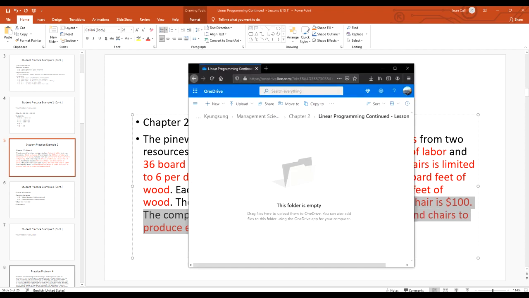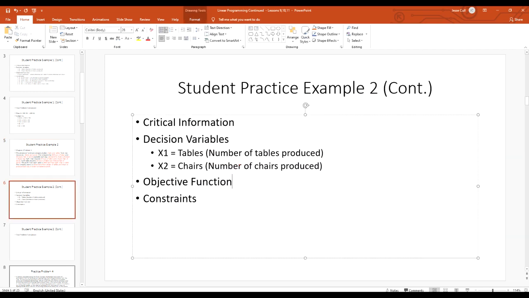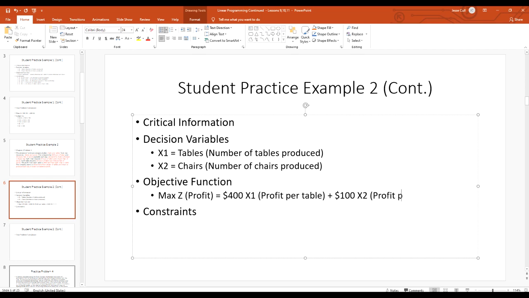So we see here, when we move into our objective function, we're trying to max Z, which is profit, if we receive $400 per table and 100 x2, which is profit per chair.